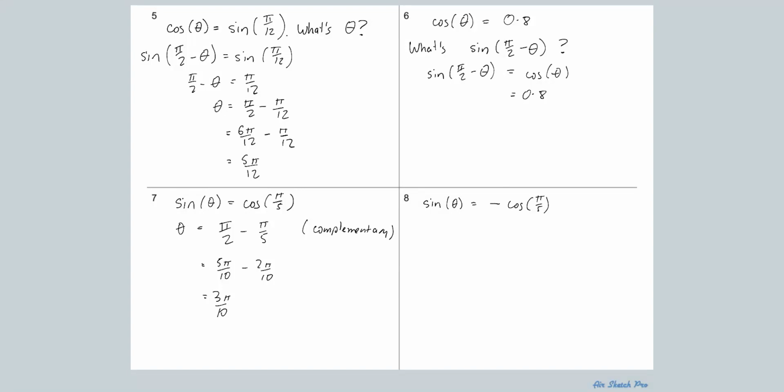First things first, I think most people could see that if sine is negative, then the angle must either be here or somewhere in here. Either position would be a solution.